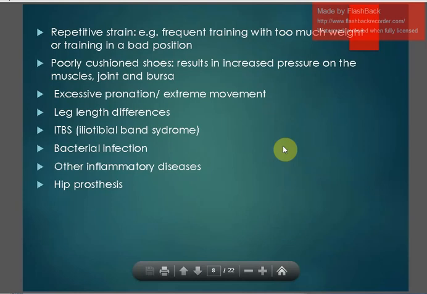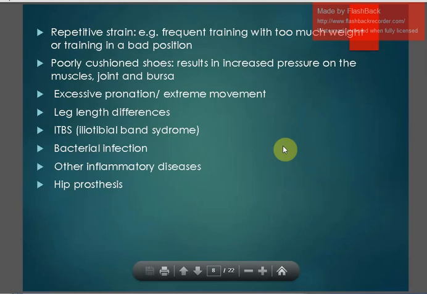And then you have the repetitive strain, for example frequent training with too much weight, or training in a bad posture or wrong ergonomics. Poorly cushioned shoes: if the footwear is not correct, it is another cause of increased pressure on the muscle, joints, and the bursa.